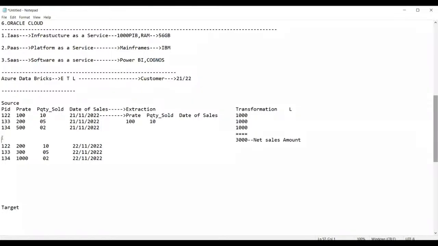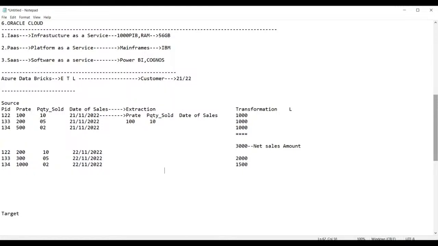Yes, guys. For the 22nd day, 200 into 10 means what? 2000. 300 into 5 means what? 1500. Very good. 1000 into 2 means what? 2000.